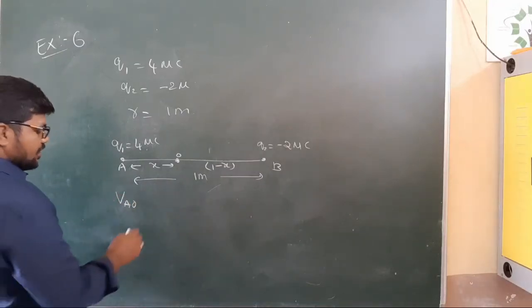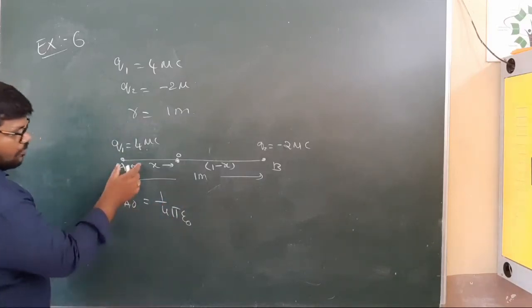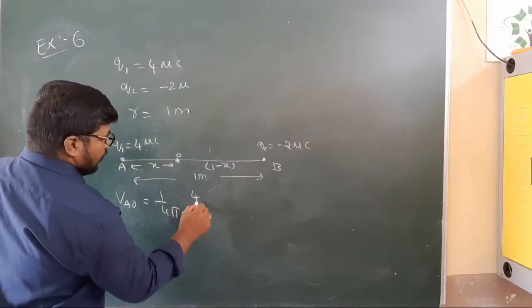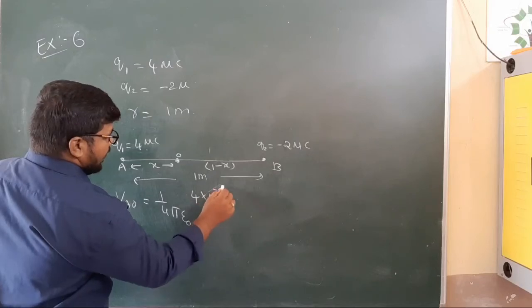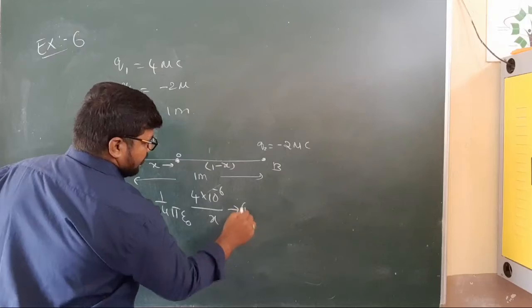Electrostatic potential V_AO is equal to 1 by 4 pi epsilon naught, between A and O. So what is the charge? 4 into 10 power minus 6 by x. This is equation 1.